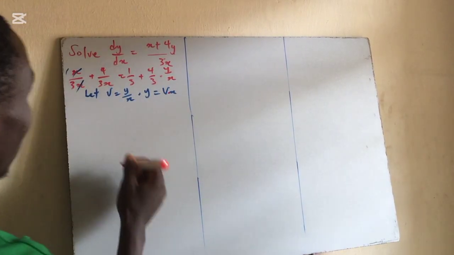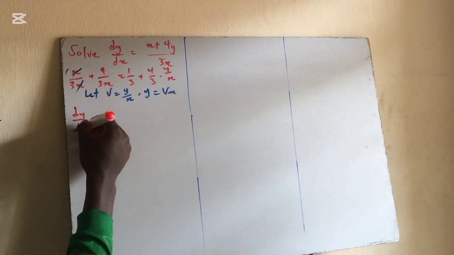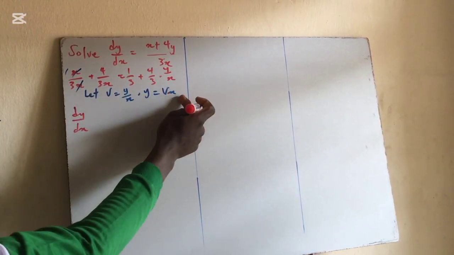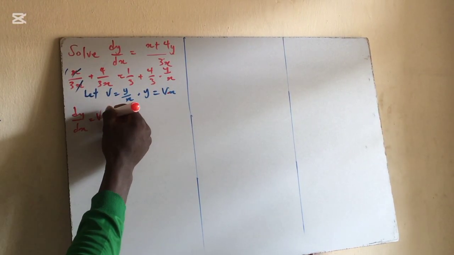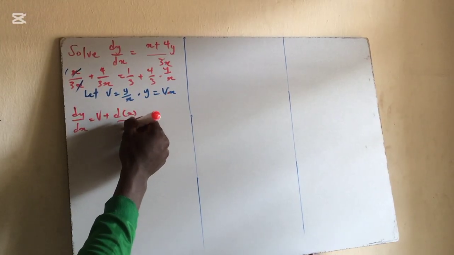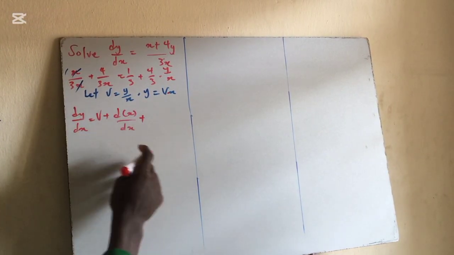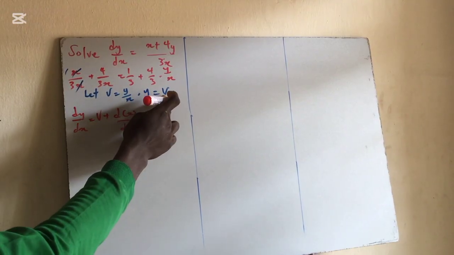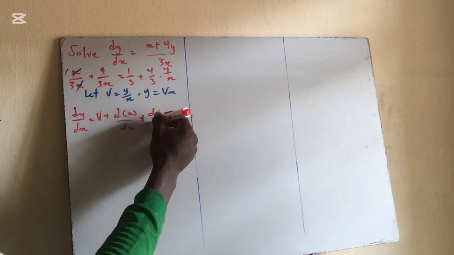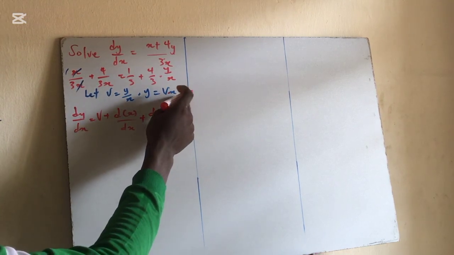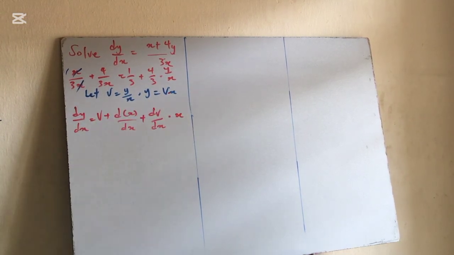Now there's multiplication here, and dy/dx will be, now I will not differentiate this, I will differentiate this. So that will be v dx over dx. That means I'm differentiating this x here. So plus, I've not differentiated this before, so I just say dv/dx multiplied by, now I'm not differentiating x again, x.